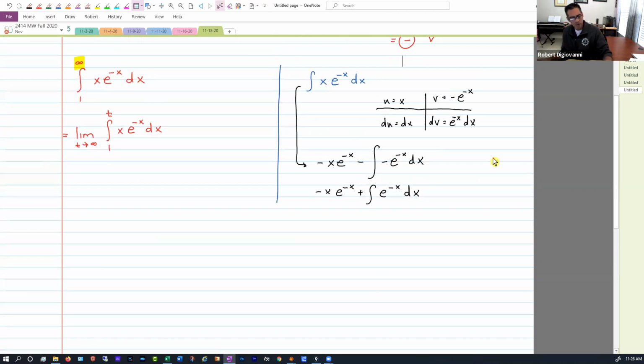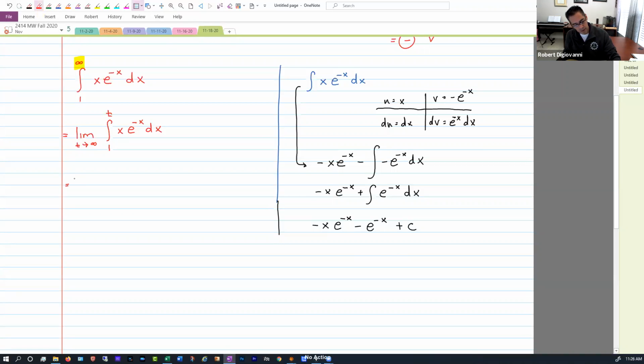Okay, so this is going to become negative x e^(-x). And then when I take the antiderivative of this again, I'm going to get another negative e^(-x) plus some constant. So there's my antiderivative. There it is.